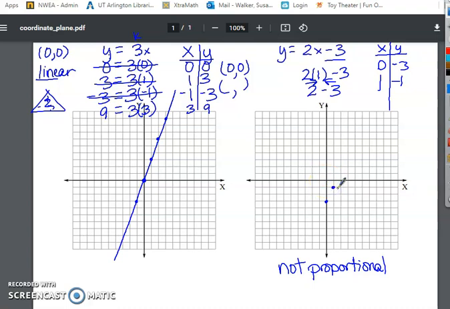Now, if I'm doing this correctly, every time it's going to be points to a straight line. Okay? So now I'm going to put in a -1. 2 times -1 minus 3. Okay? 2 times -1. Guys, well, 2 times -1, positive, negative, gives me a negative, minus 3.